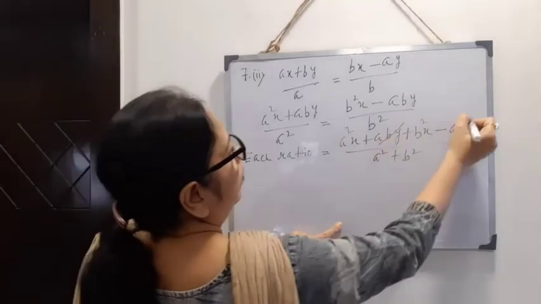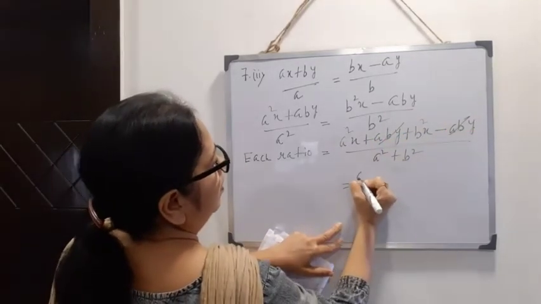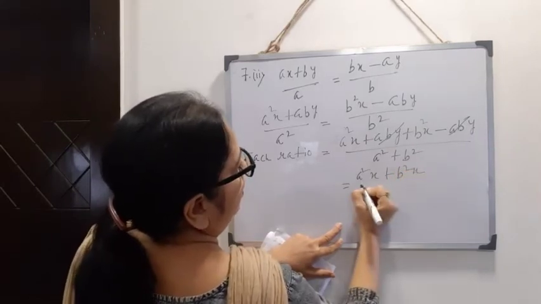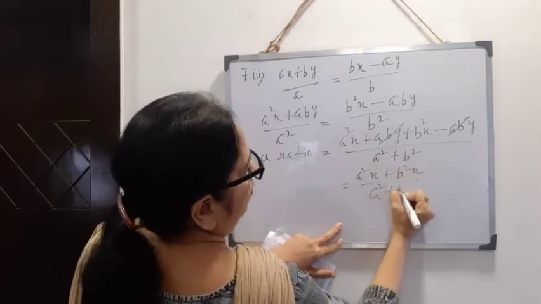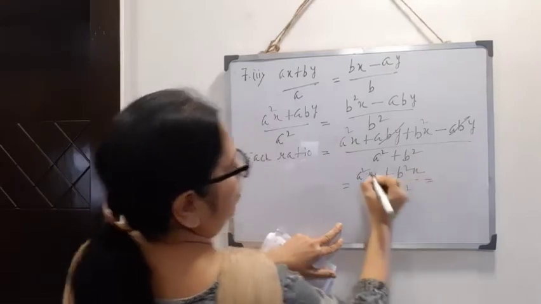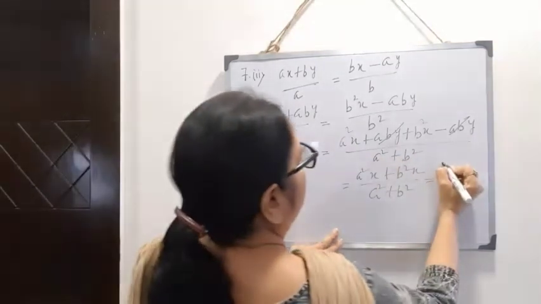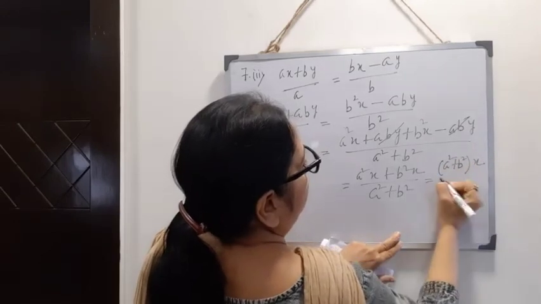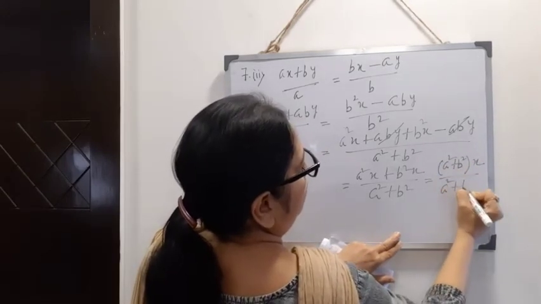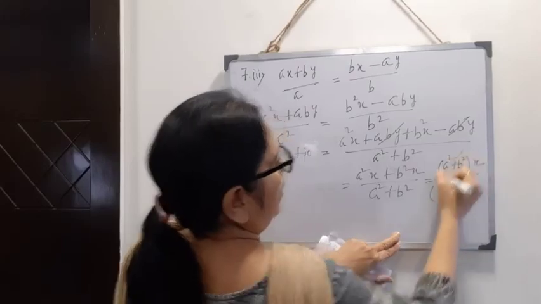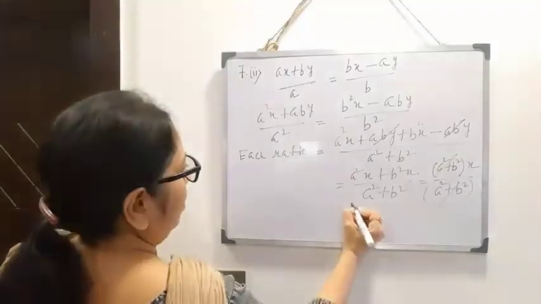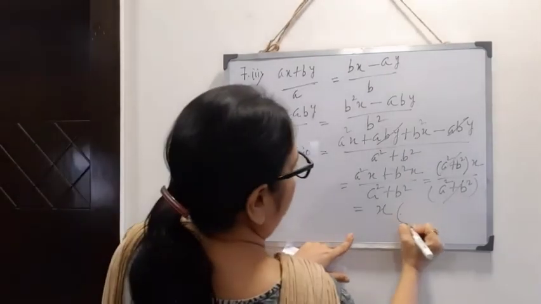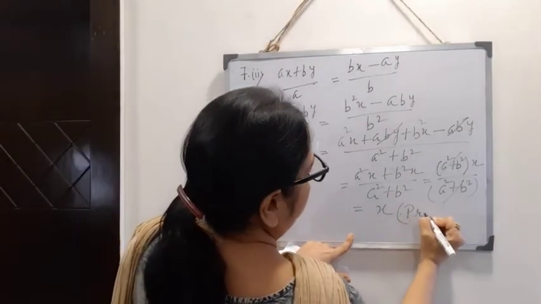Here aby cancels out, so it is becoming a square x plus b square x, next the denominator a square plus b square. From here we can take x common, so it is becoming (a square plus b square) into x by (a square plus b square). Now if I cancel this, it is becoming x. So our proof is completed.